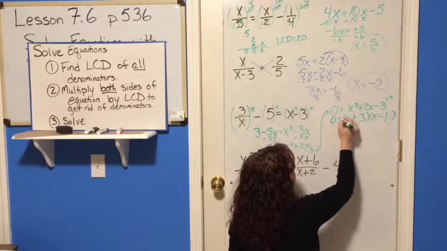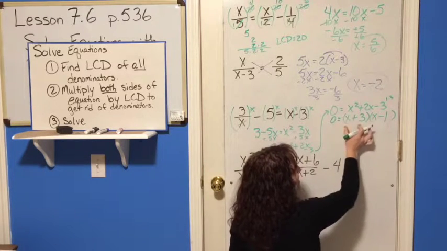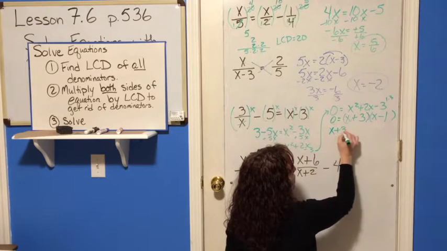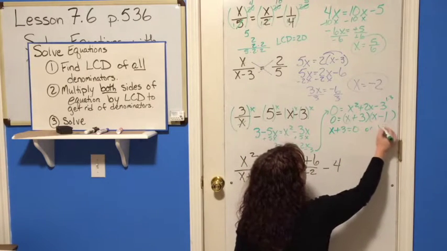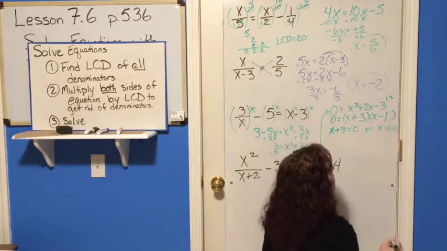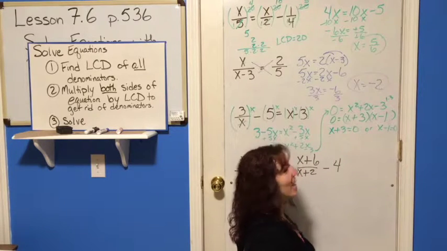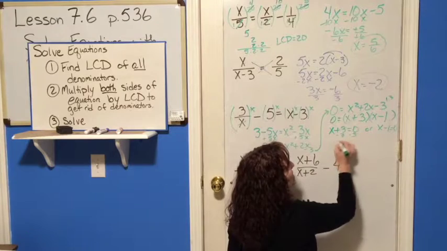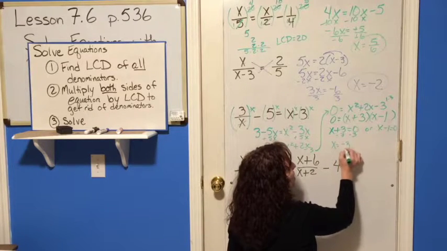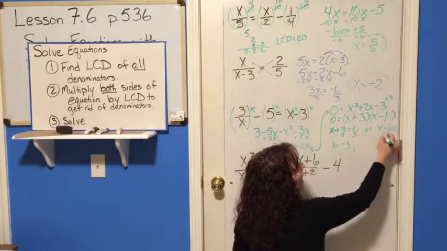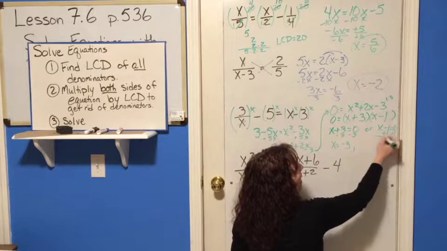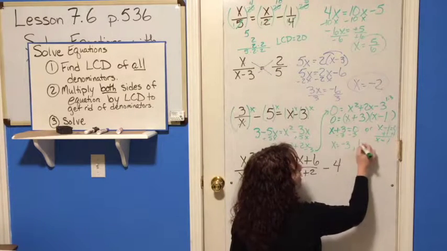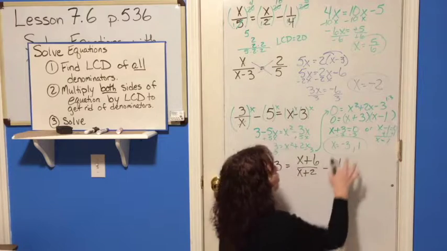So if 0 equals this times this, that means either x plus 3 equals 0 or x minus 1 equals 0. Now subtract 3 from both sides, so x equals negative 3, or add 1 to both sides on this one, and x equals 1. So there's my two solutions.